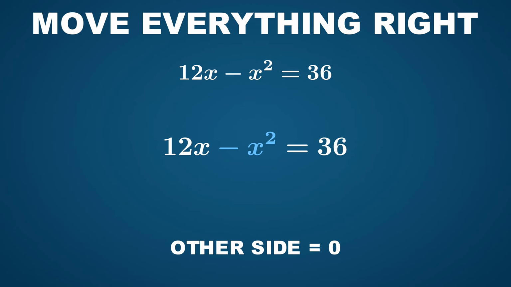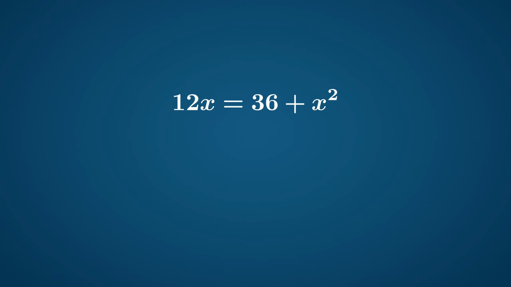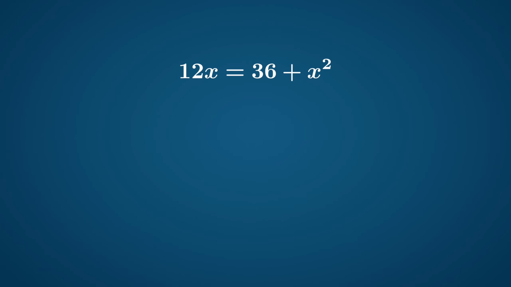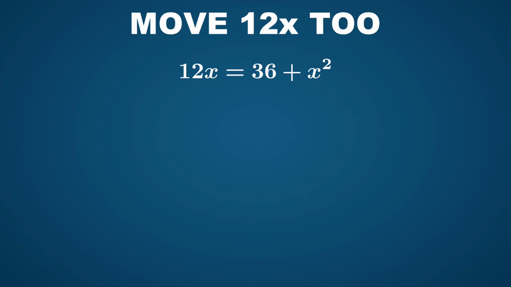We will move the negative x squared term first by using addition. We add positive x squared to both sides of our current equation. On the left side, the negative and positive x squared terms sum to 0. On the right side, the positive x squared term simply appears. Our equation now reads 12x equals 36 plus x squared. Next, we need to move the 12x term to the right side as well.